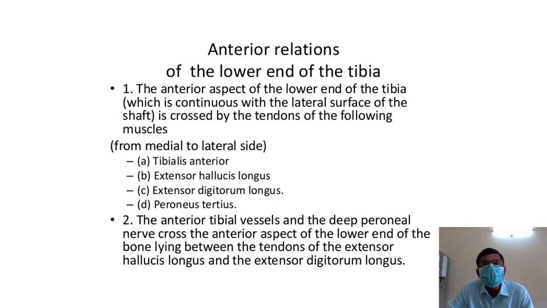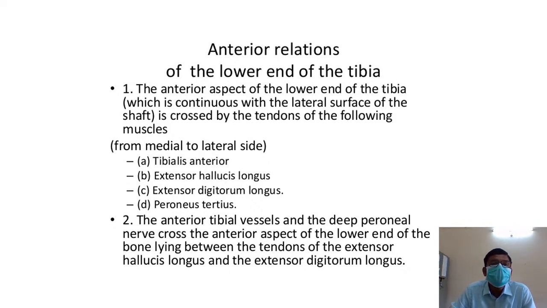The anterior aspect of the lower end of the tibia is crossed by the tendons of the following muscles. I am starting from the medial malleolus towards the lateral malleolus. So from medial to lateral, they are the tibialis anterior muscle, extensor hallucis longus, extensor digitorum longus, and the peroneus tertius.